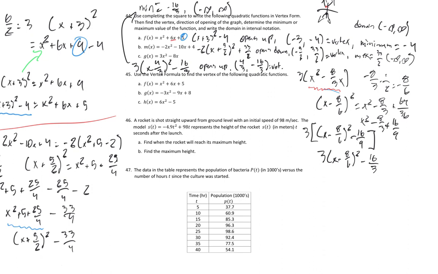Right, so now we're using the vertex formula to find the vertex of these. So you might remember the x-coordinate of the vertex is negative b over 2a. Well, b is 6, so here we have negative 6 over 2a. Well, that's 2, so that's negative 3. So that's the x-coordinate, so let's plug that in. Then we get negative 3 squared is 9.